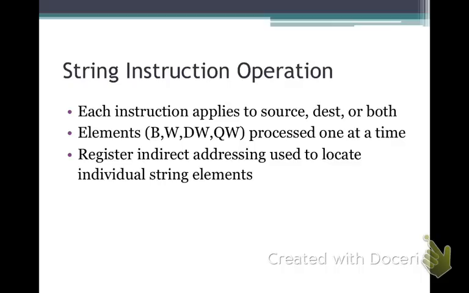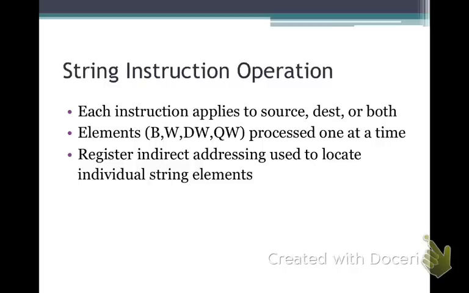Okay, so before we go into a little bit more detail, let's cover some basic rules for the string commands. First, each instruction applies to the source, the destination string, or both. Since I'm dealing with strings that are bytes, words, or double words, the elements are processed one at a time, okay? And in Chapter 8, when we introduce these string commands, we are now going to be using automatic registers.